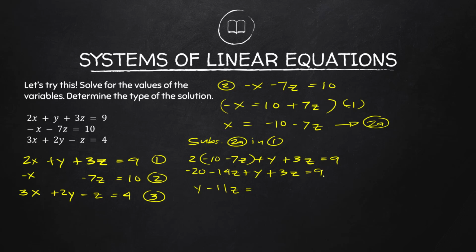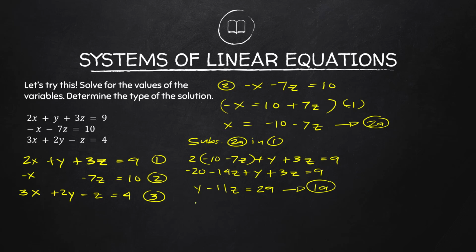This is equal to 9, but when you transpose the 20 to the other side, that will become positive 20 plus 9, which is equal to positive 29. Let's call this your equation 1a.